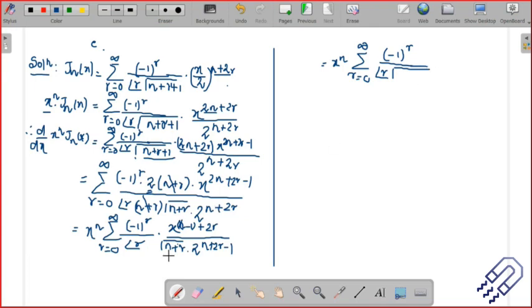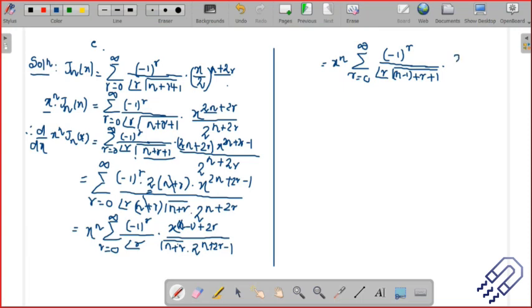So in place of n, I should have n minus 1. So I will write this as n minus 1 plus r, but then there is a minus 1 extra which is not there, so I will just add plus 1. And then I have this n minus 1 plus 2r, and this is also n minus 1 plus 2r.